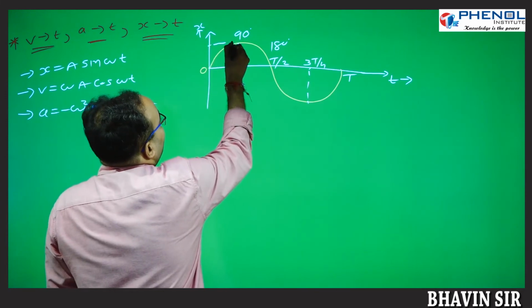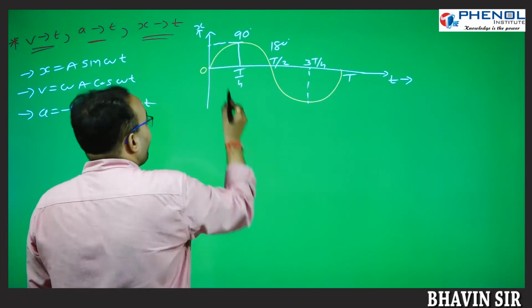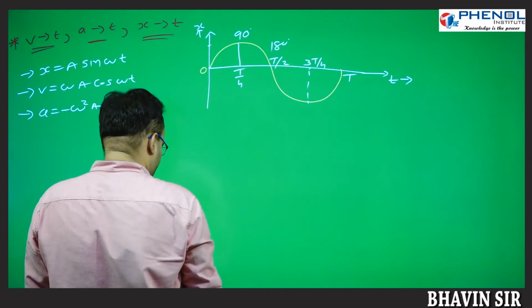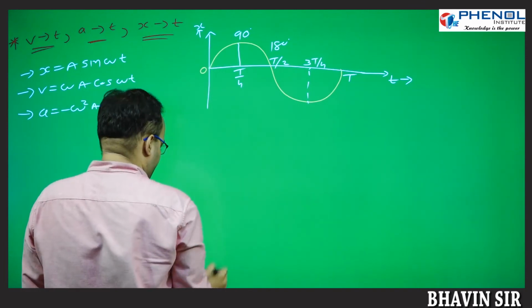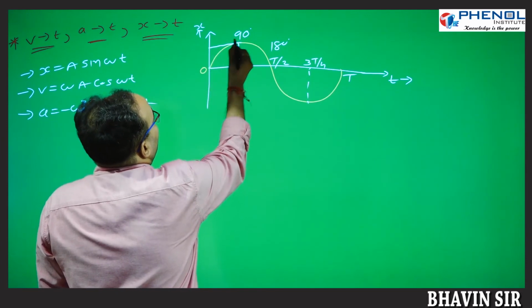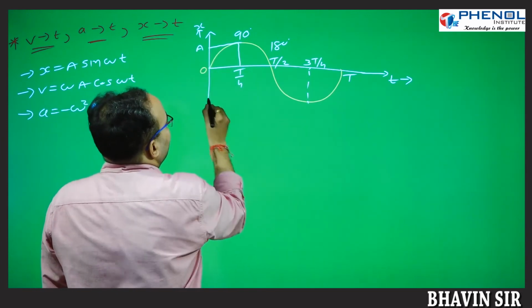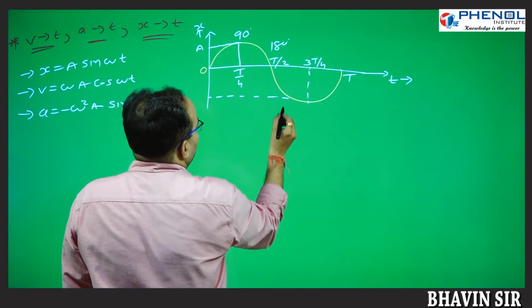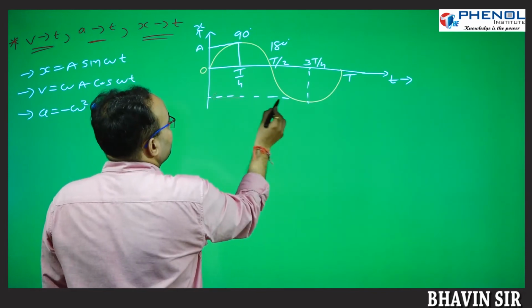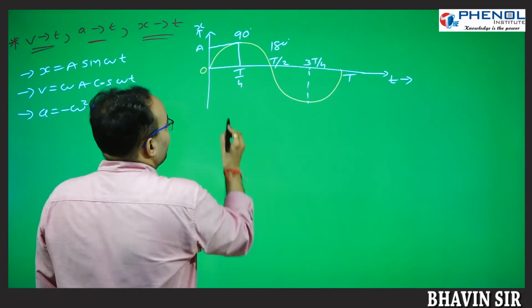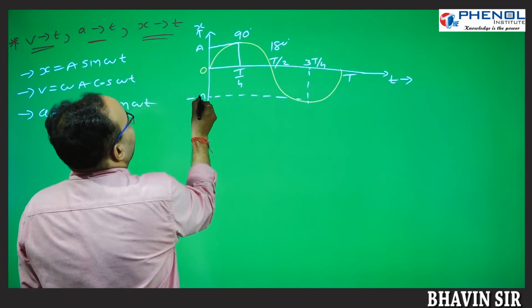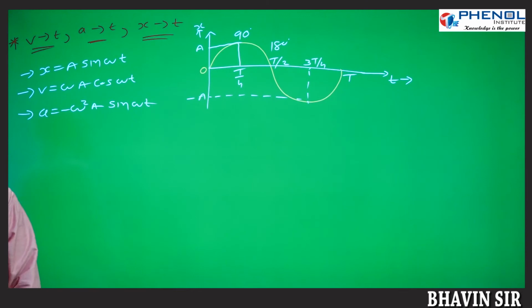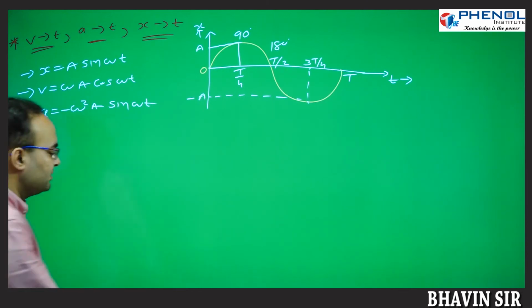Here maximum amplitude, here minimum amplitude. Now next students, we want to draw the graph of velocity versus time.